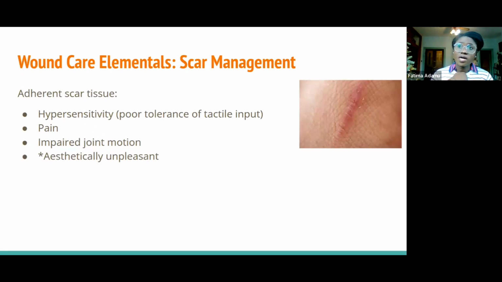Also, a scar that is not mobile, that doesn't get massaged and mobilized to break up those chaotic collagen fibers, tends to be hypersensitive. So patients will complain that it's burning or that it's painful. So it can be helpful to show them how to massage a scar so that they can calm down the nerve fibers that might be attaching to the scar tissue and affecting their ability to use their extremity.